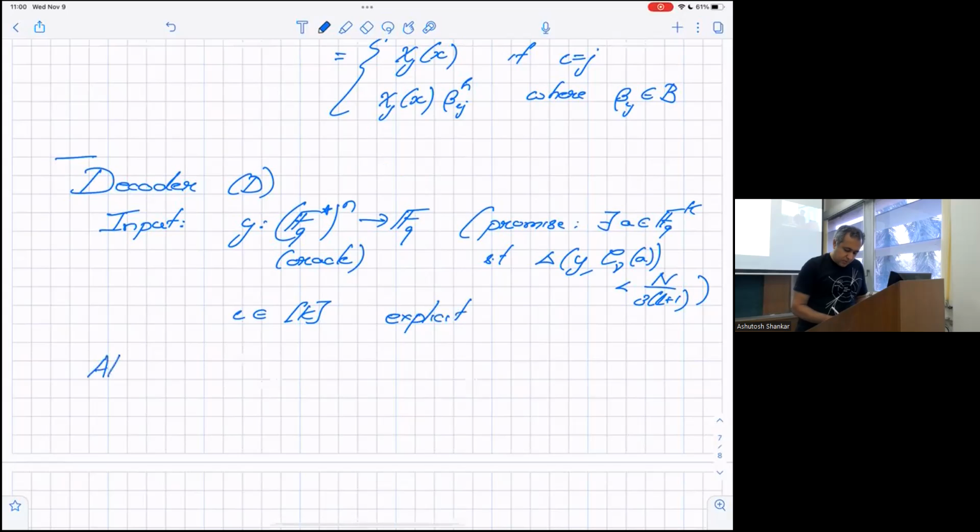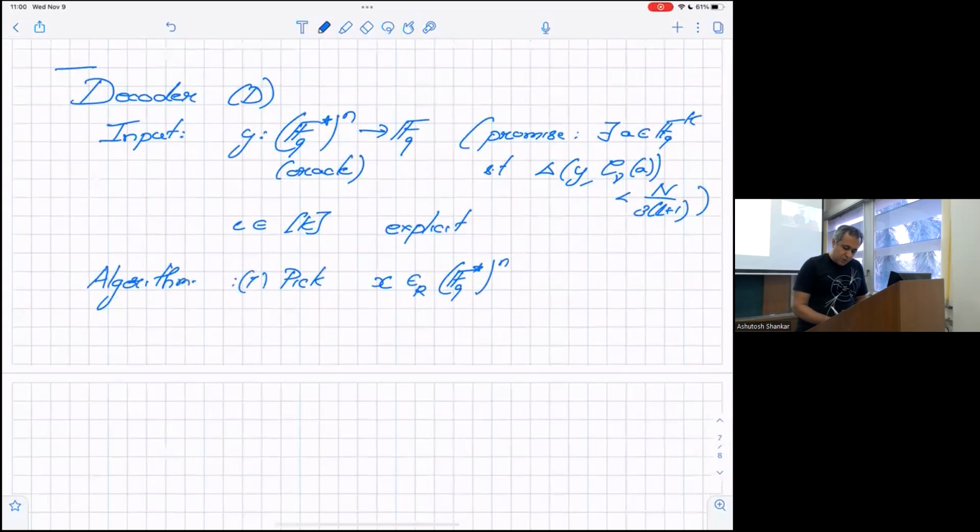So what's the algorithm? The algorithm is going to pick a random x in F_q star n.